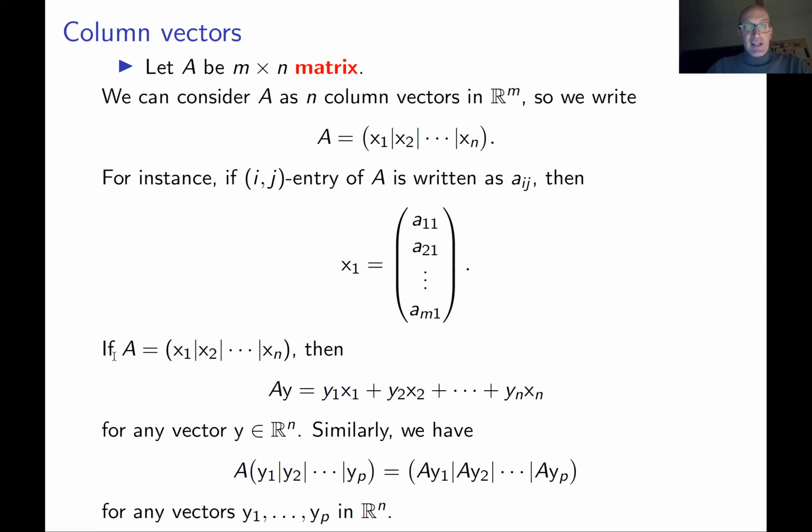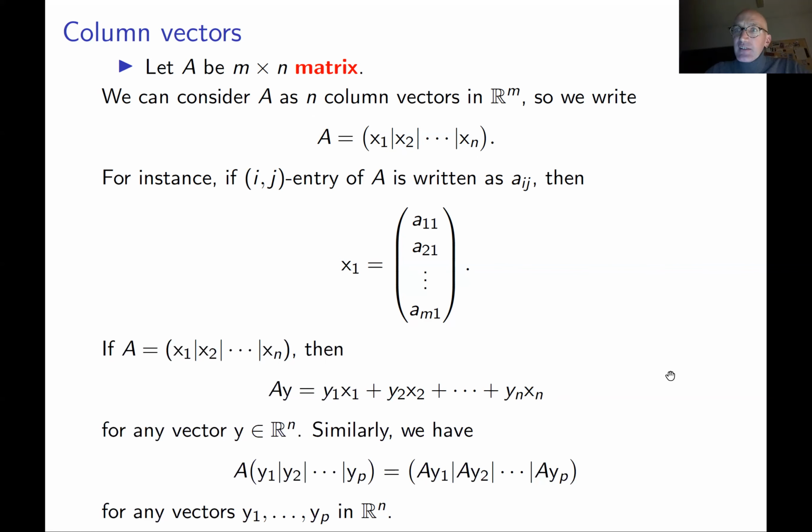Also, if you take your matrix A, and if you take some vector y in Rn, you can multiply A times y. First observation: if you multiply A times y, you're going to get the sum y1 times x1 plus y2 times x2 plus yn times xn. Again, here y1, y2, yn are numbers, and x1, x2, xn are vectors in Rm.